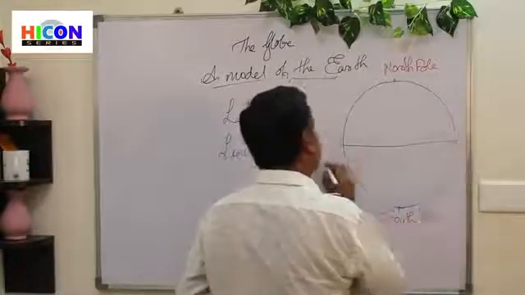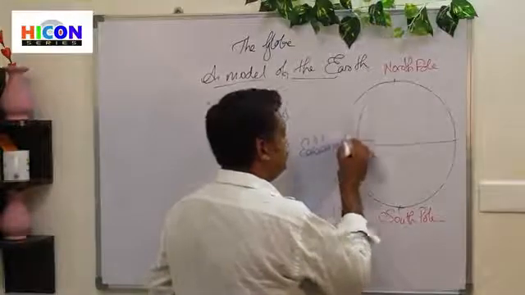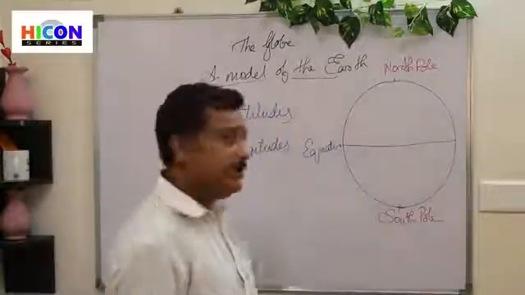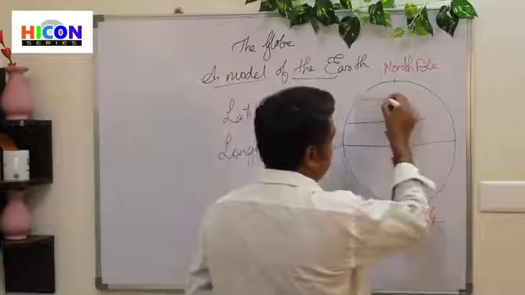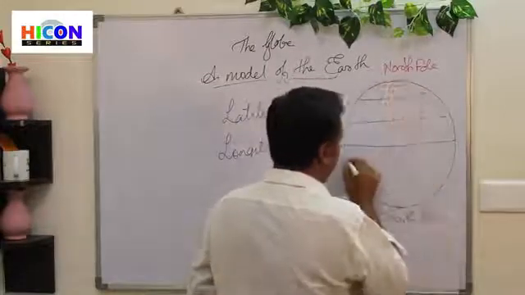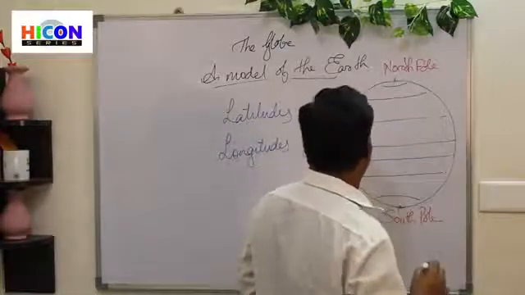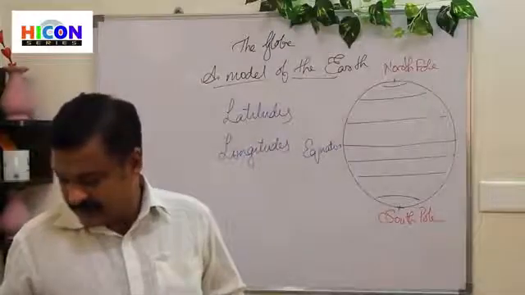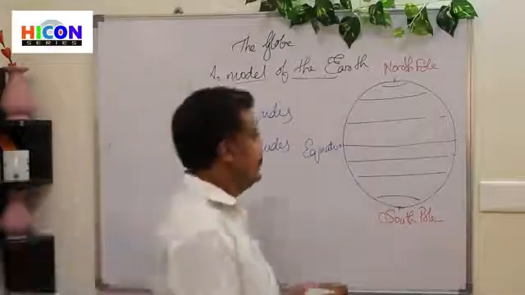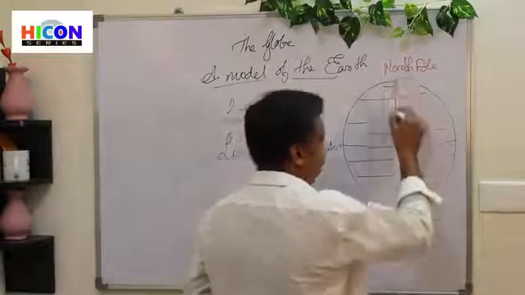We call it the equator. Right? So there are some more lines that run parallel to this, and there are some other lines also which come from pole to pole.